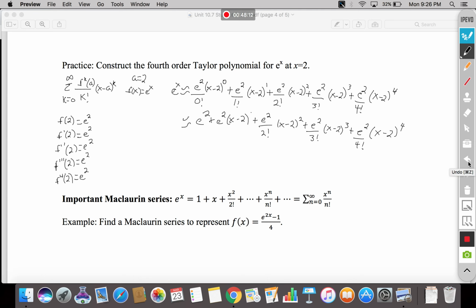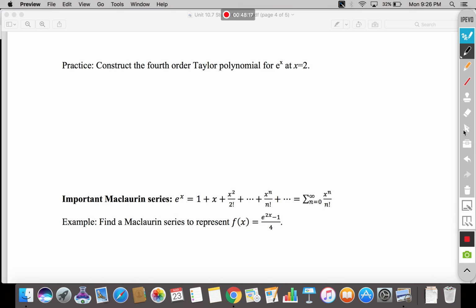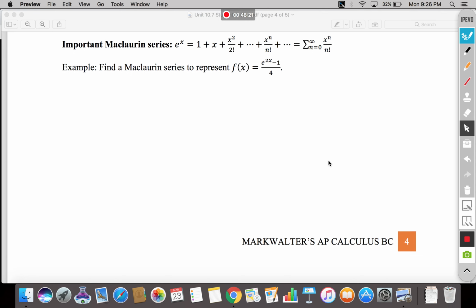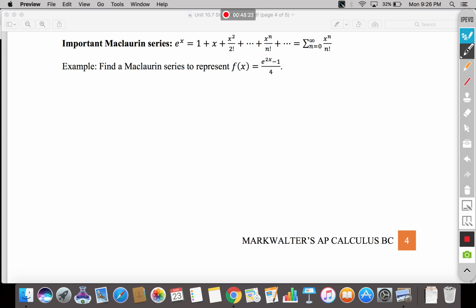All right, and one last example. The task here is we want to find a Maclaurin series to represent this. This looks a whole lot more complicated, but now that we have all these tools, we can actually just manipulate some functions that we know. If we already know some series, we don't have to waste time.